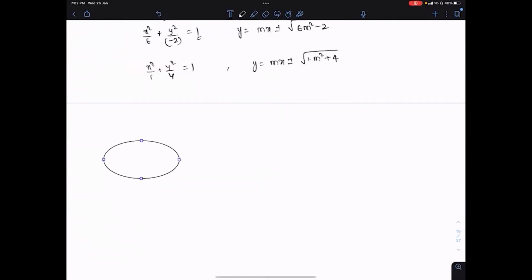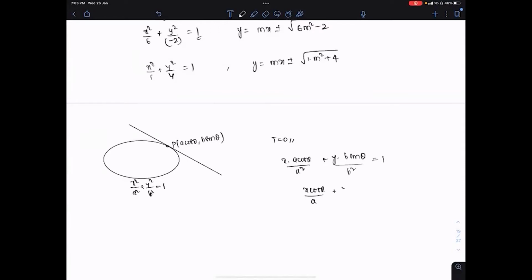In general, if we have any point on the ellipse as a cos theta comma b sin theta, and the equation of the ellipse is x square by a square plus y square by b square equals 1, then using the point form, x into a cos theta by a square plus y into b sin theta by b square equals 1. So x cos theta by a plus y sin theta by b equals 1. This is the equation of tangent in parametric form.